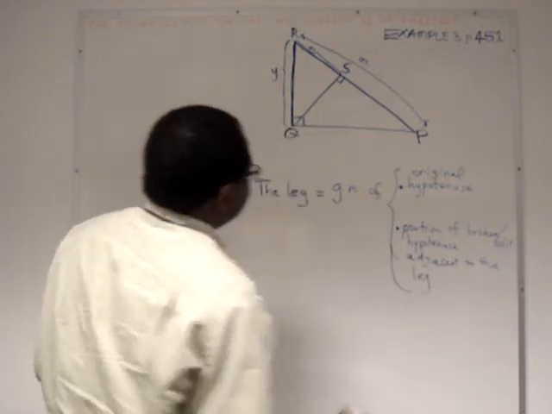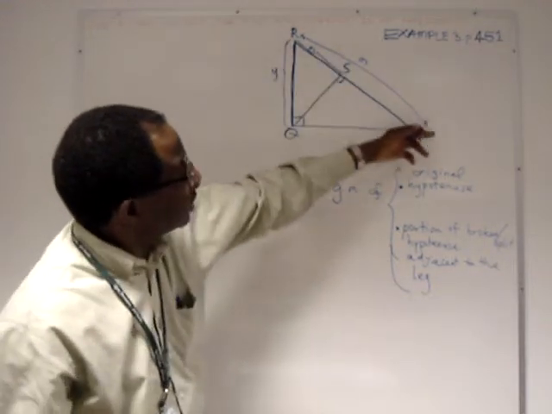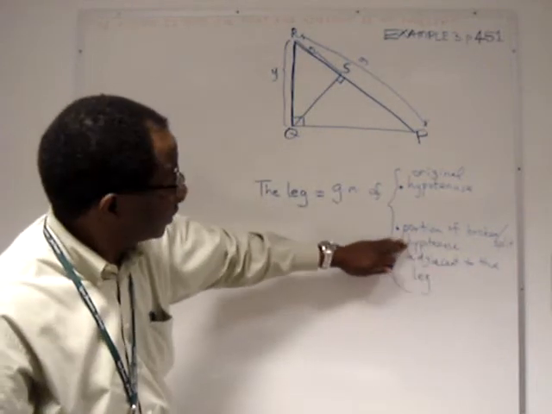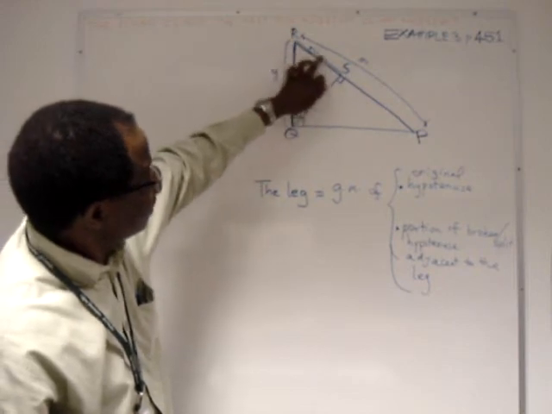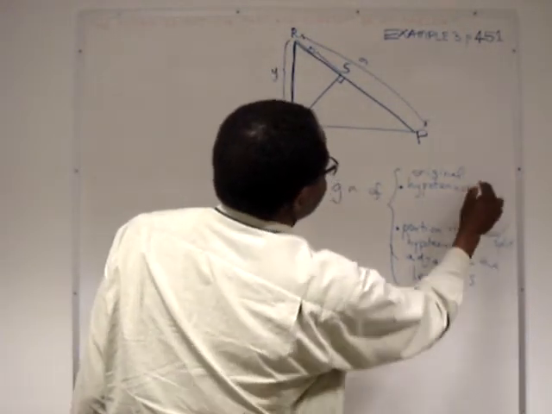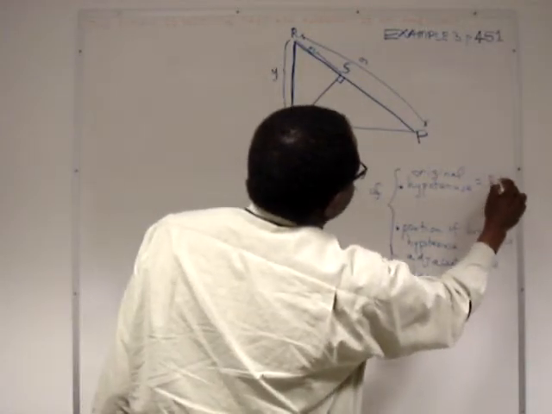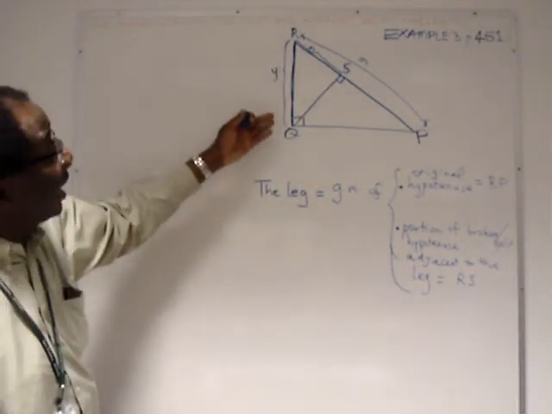Okay? So the leg must be the geometric mean of the original hypotenuse, and then that portion of the split or broken hypotenuse that's adjacent to the leg, and in this case that is RS. So this in this case is equal to RS, and this is the original hypotenuse RP, and you're looking for the leg, which is Y.